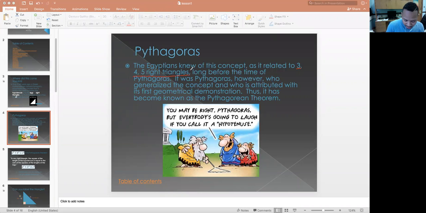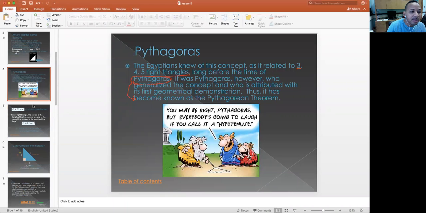Pythagoras was a Greek, but the Egyptians were really great mathematicians. They were just phenomenal when it came to mathematics. But Pythagoras generalized it and developed it and made it more concrete, where it was accepted worldwide.